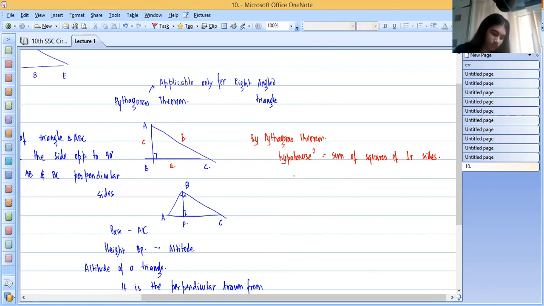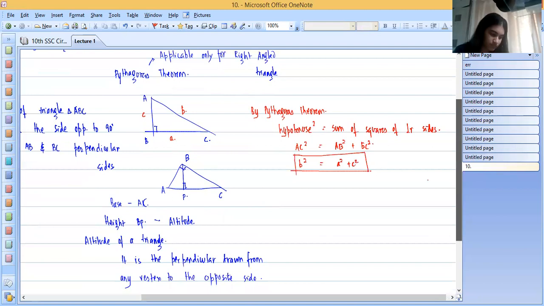So AC square is AB square plus BC square, but we can write this as b square equal to a square plus c square. It doesn't make a difference. I can write AB square first or I can write BC square first. So this is Pythagoras theorem.